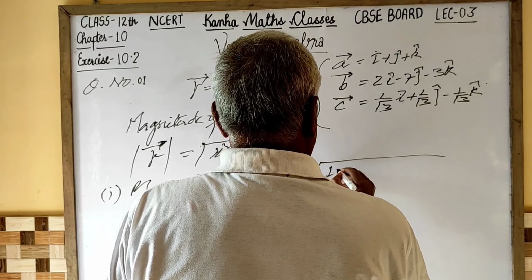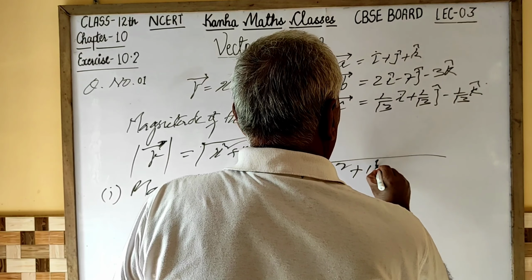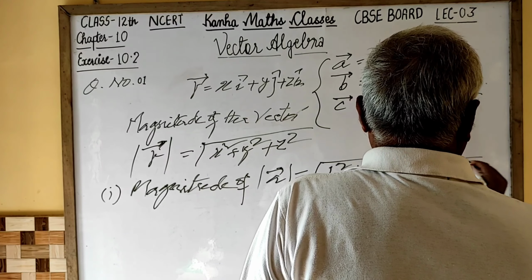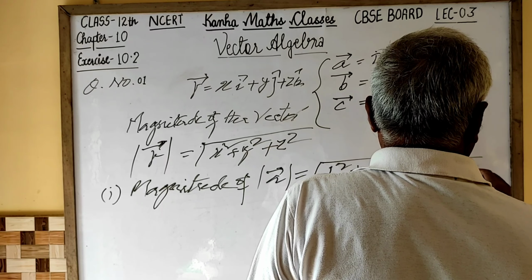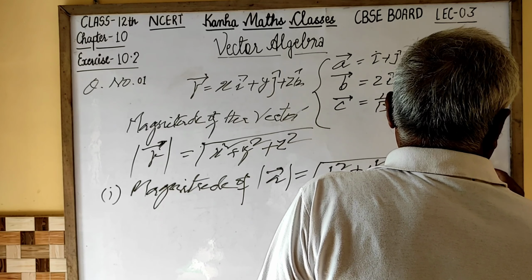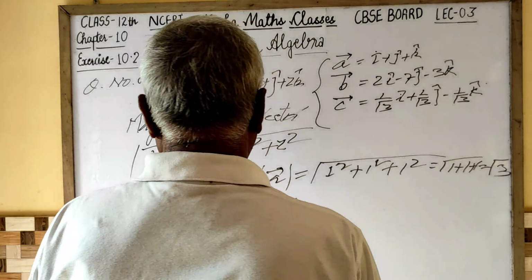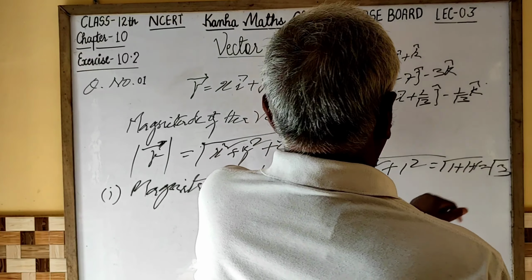Now this is 1 square plus 1 square plus 1 square, that is 1 plus 1 plus 1, which is equal to root 3. Here the magnitude of the first vector is root 3.